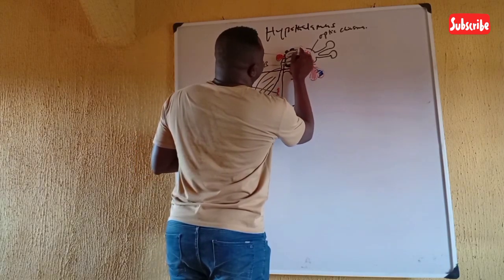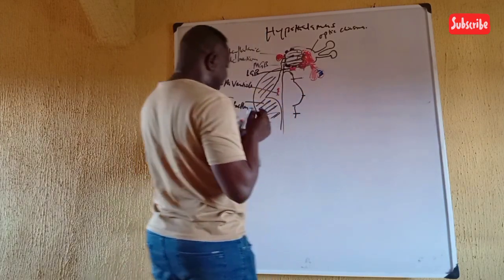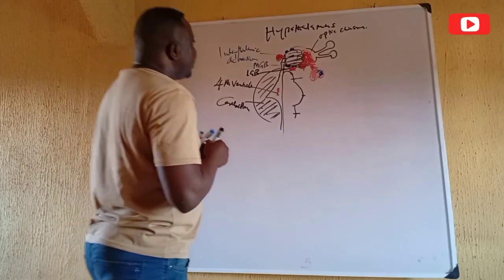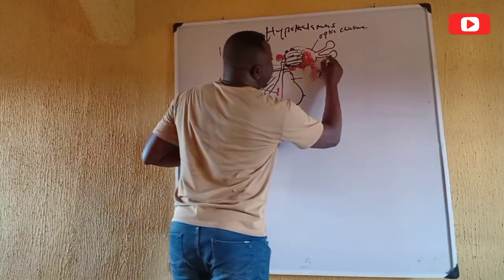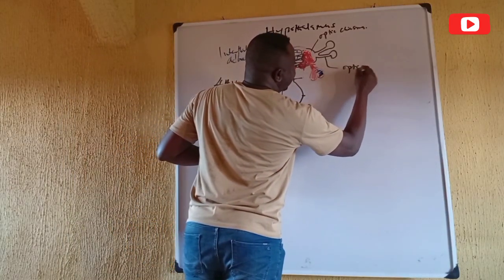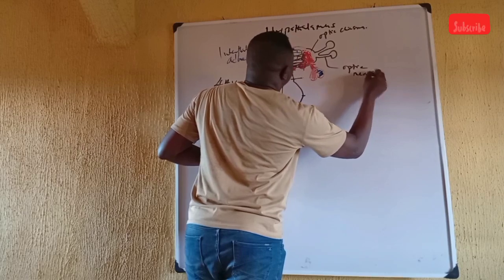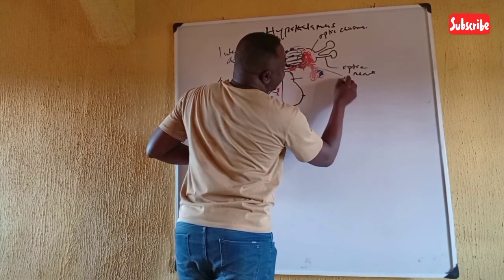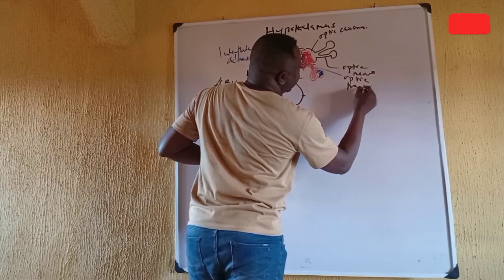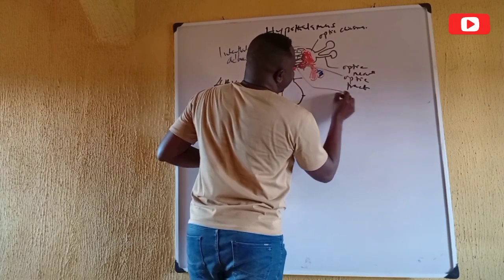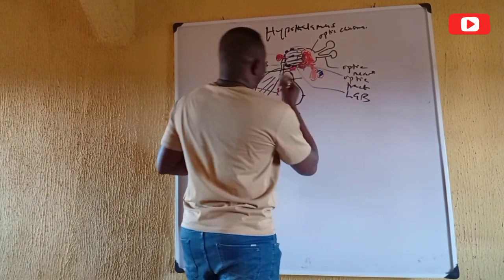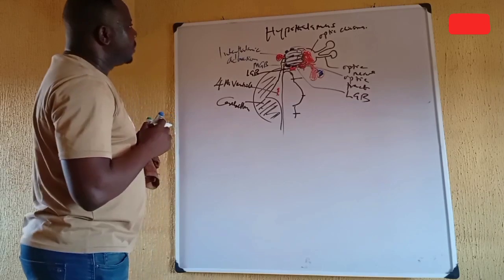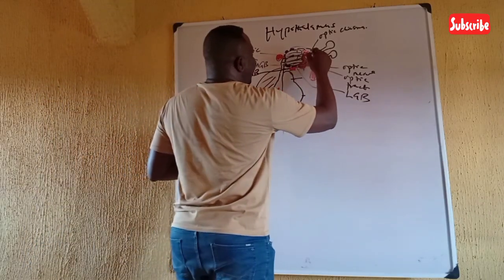So the optic tract comes here to the lateral geniculate body. This is our optic nerve, this is the optic tract, and this is the lateral geniculate body. And this is our optic chiasma.